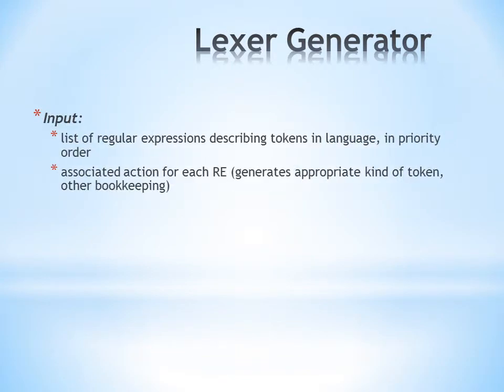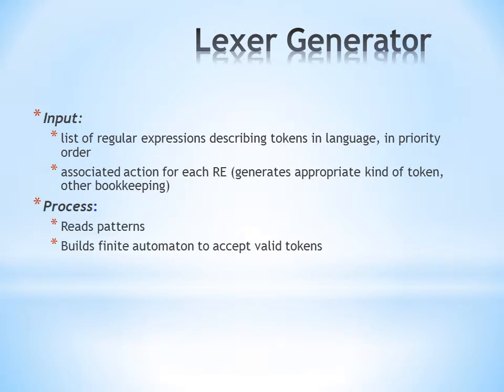A lexer generator performs three tasks. As input, it takes a list of regular expressions describing tokens in the language in priority order, and the associated action for each regular expression.